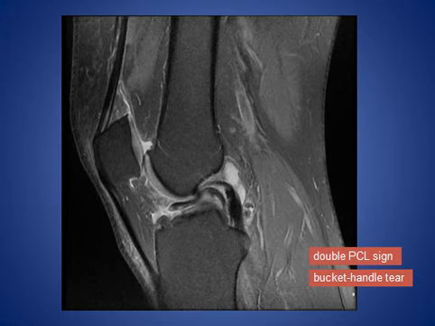Also, this indicates a bucket handle tear of the meniscus, and usually it involves the medial meniscus in about 80% of cases, and this meniscus flips medially and comes to lie anterior and inferior to the posterior cruciate ligament, mimicking a second smaller posterior cruciate ligament.